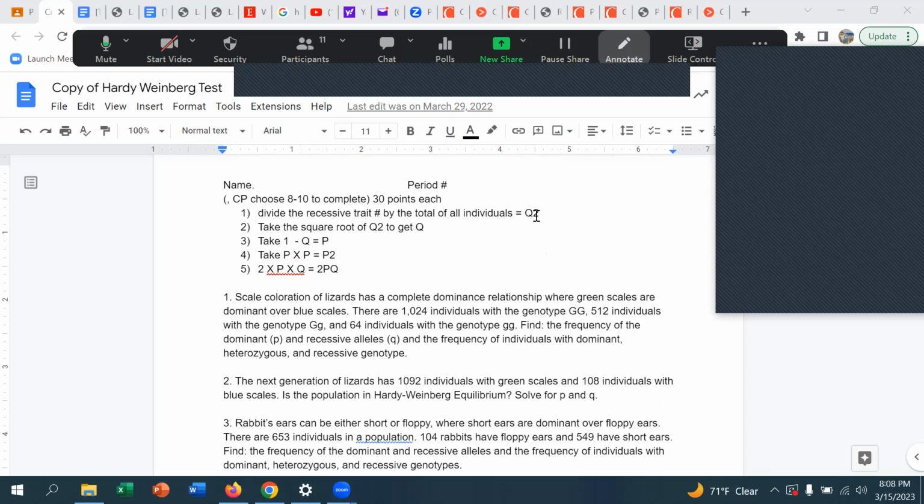That equals your Q squared. We added them all up and divided by how many had the recessive trait. 64 had that trait. That's how we figured it out. Do most of you get this now?